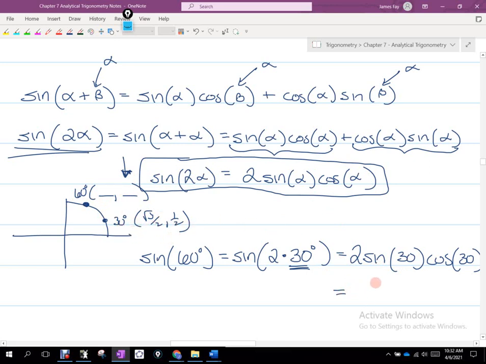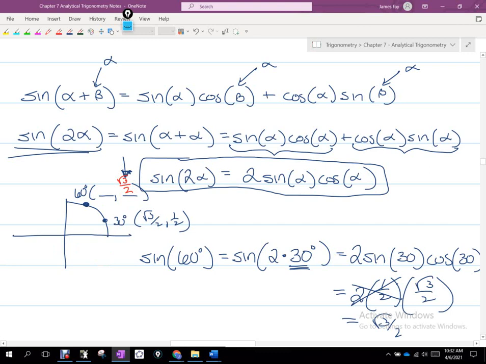What's the sine of 30? 1/2. What's the cosine of 30? What happens to that 1/2 and that 2? You're left with a radical 3/2, right? So we're saying that the sine of 60 degrees is radical 3/2.